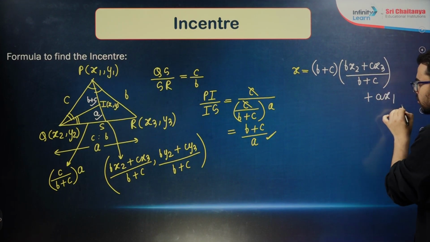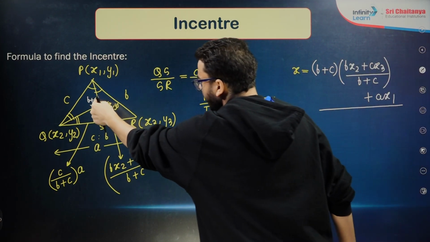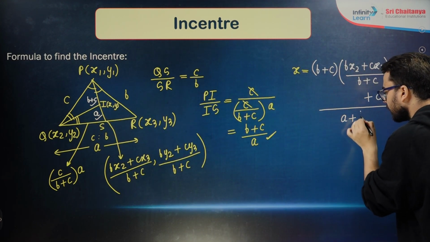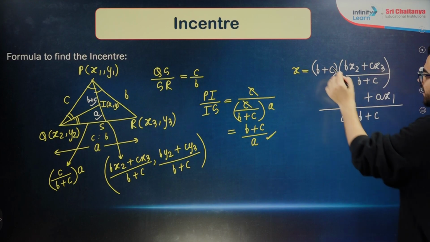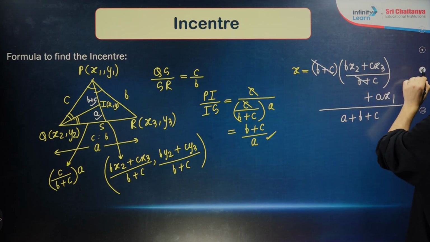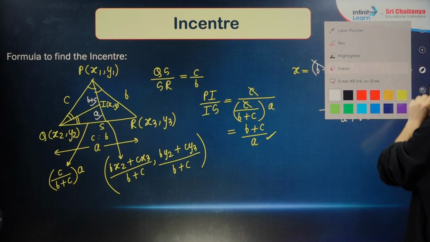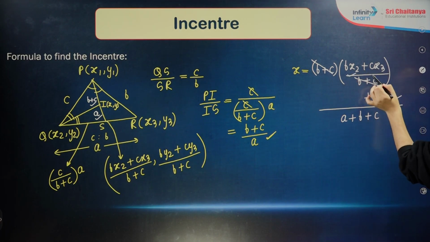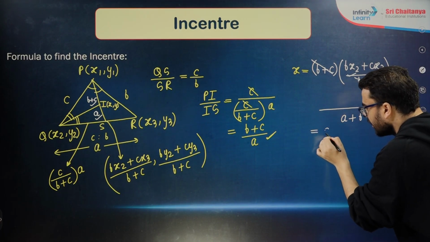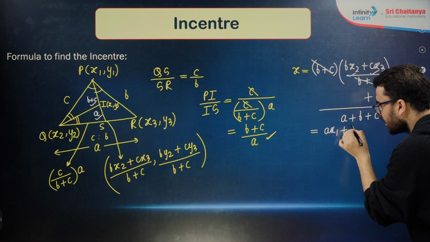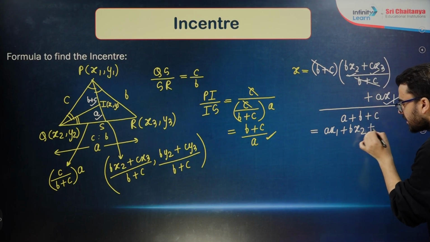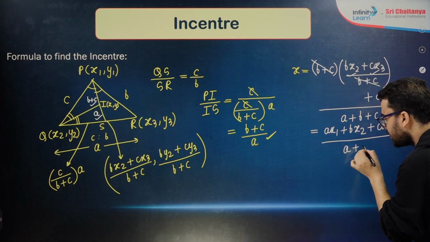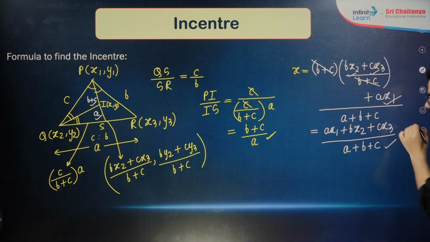The whole divided by this plus this, which is nothing but A plus B plus C. So you can cancel it out. So this is Ax1 plus Bx2 plus Cx3 upon A plus B plus C. Is that clear? I hope you got it.